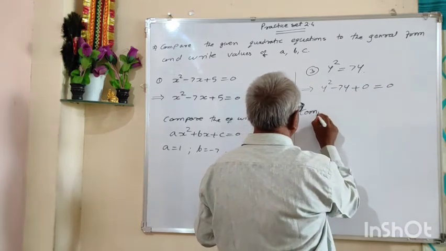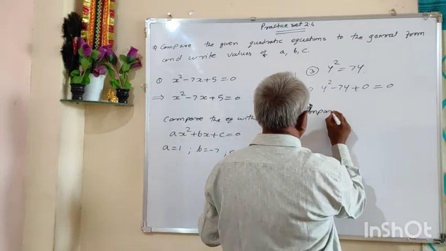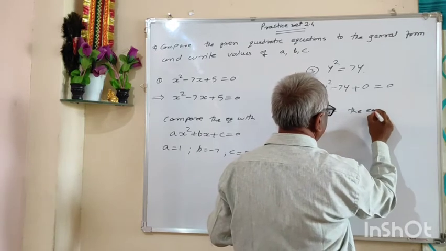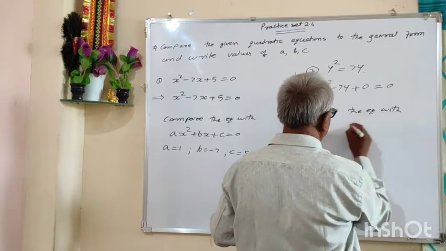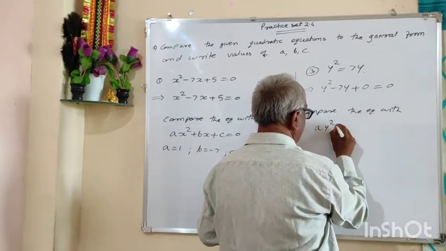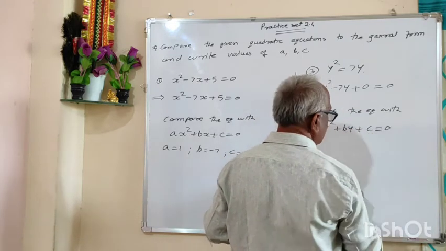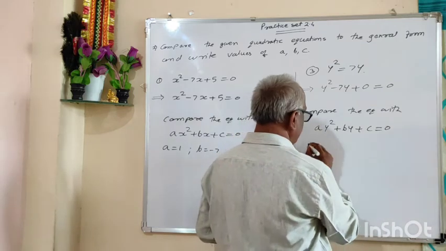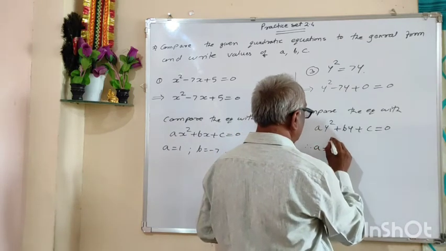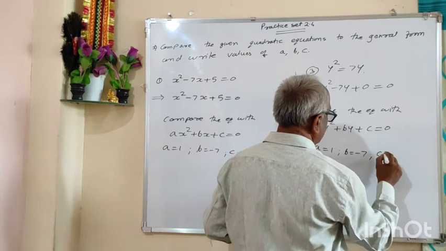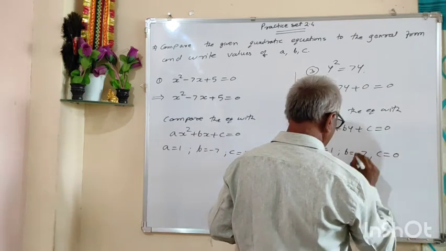Compare the equation with the general form, that is ay square plus by plus c is equal to 0. Therefore a is equal to 1, b is equal to minus 7, c is equal to 0.